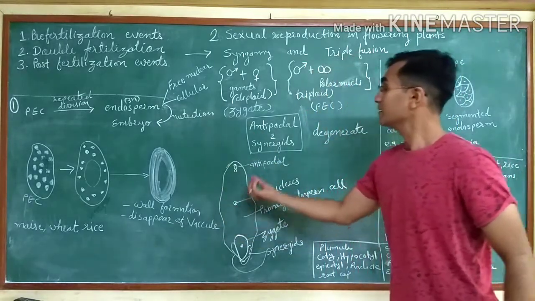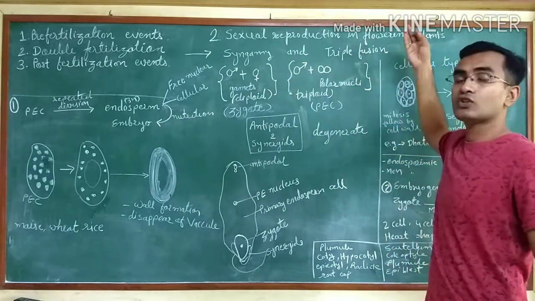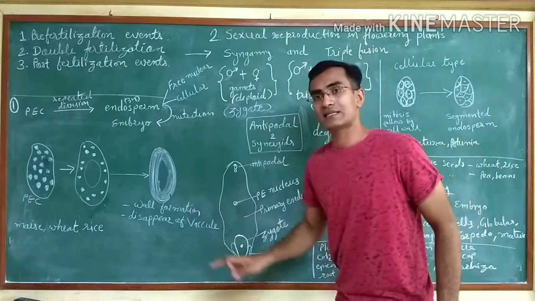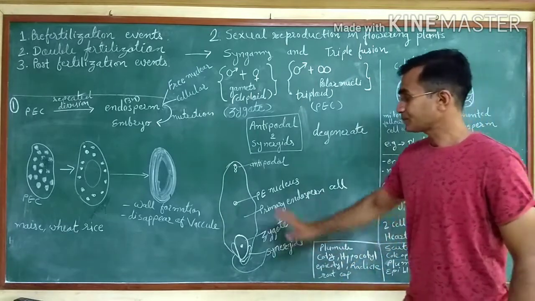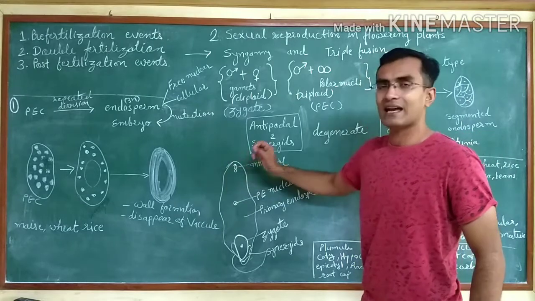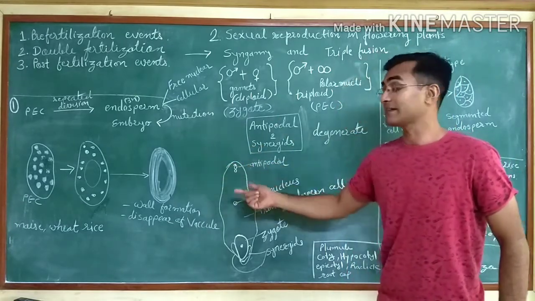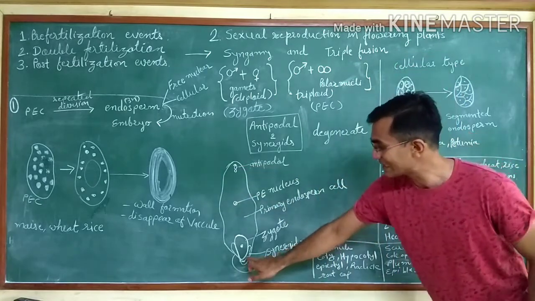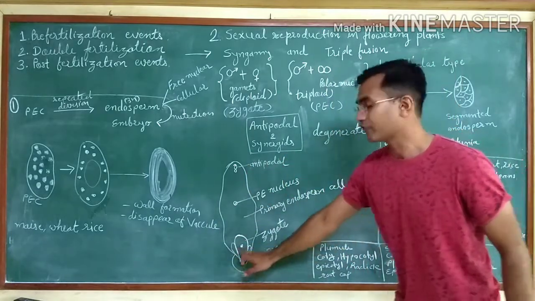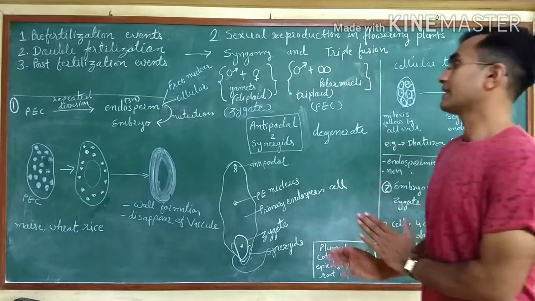This is formed because of the triple fusion, and this primary endospermic nucleus is triploid in nature. Here you can see the primary endospermic cell. The antipodal cells are shown very small inside, which indicates that they have started disappearing. These two synergid cells are also disappearing, and this one will increase in size and form the zygote. Okay, so this was all about the double fertilization.